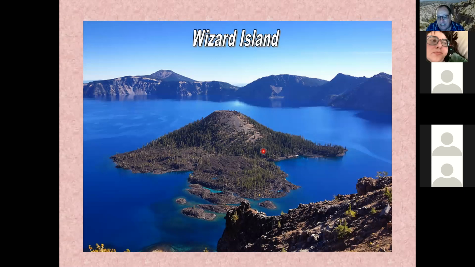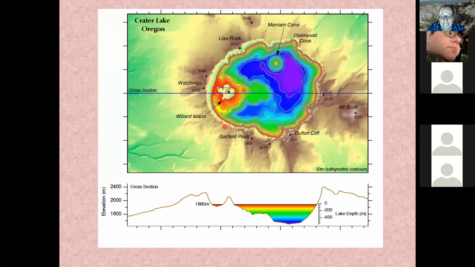So you can check out Wizard Island if you get out there. Looking at a topographical map of the lake itself, you see the different peaks. Again, there are some other islands in the lake other than Wizard, and you can see the water depth here on the cross section. So, like I said, it is the deepest freshwater body of water in the United States.